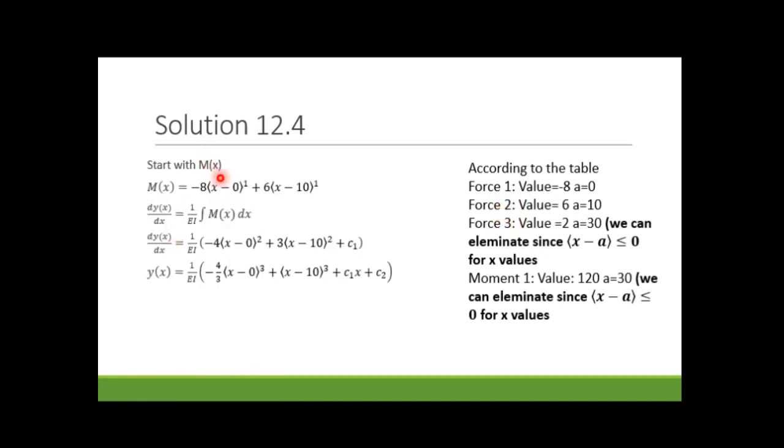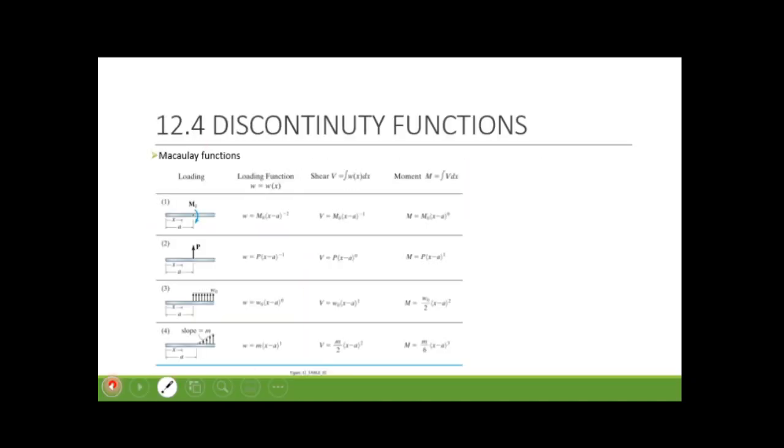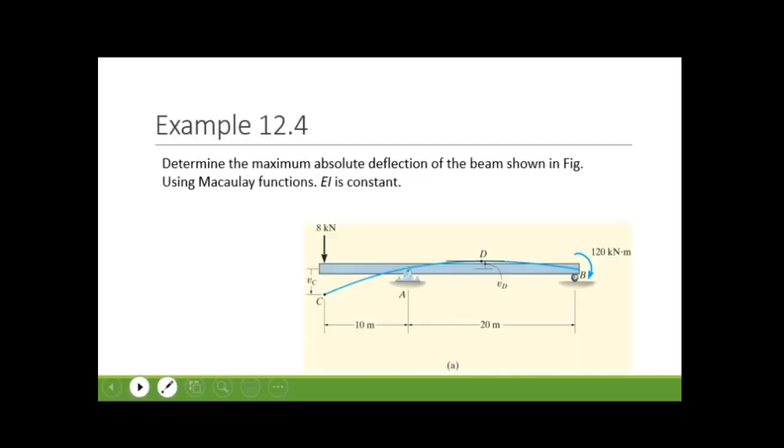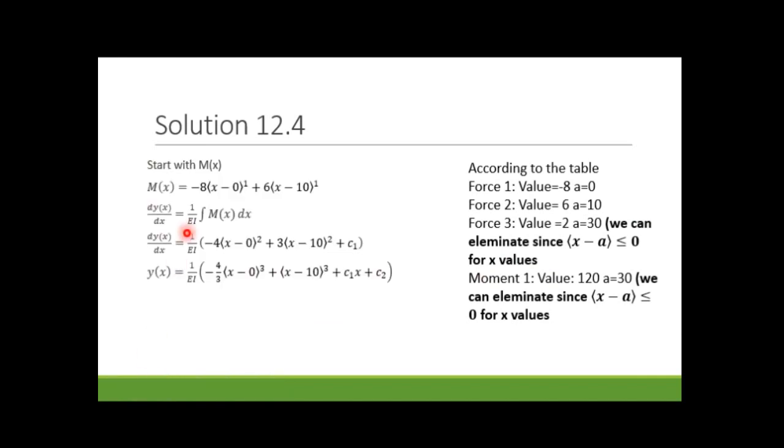I write the moment function by using this table. For example, I have 2 forces, and the formulation is P times, in parentheses, x minus a to power 1, therefore minus 8. I write P, x minus 0 to power 1, 6 times x minus 10, in power 1.